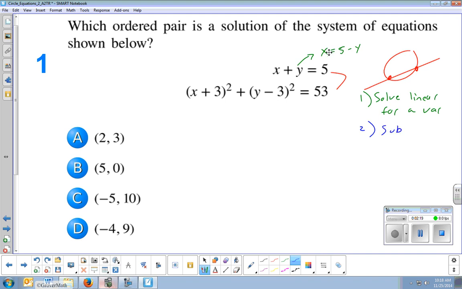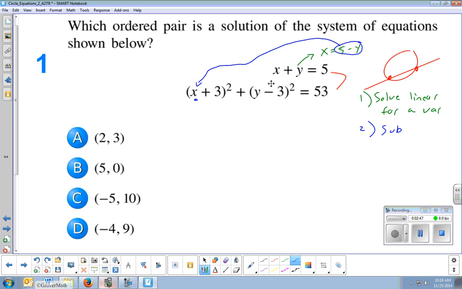Number two is you're going to substitute. Since x equals 5 minus y, I can take the 5 minus y and put it in for x in the other equation. Basically, when you solve these algebraically, we can't solve an equation when there are two variables. But if I replace my x with something with a y, then I'll only have y, and then I can solve the equation.